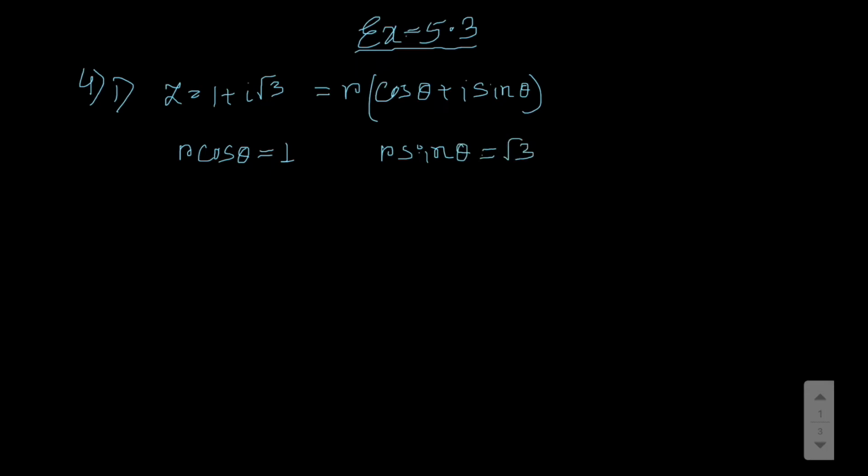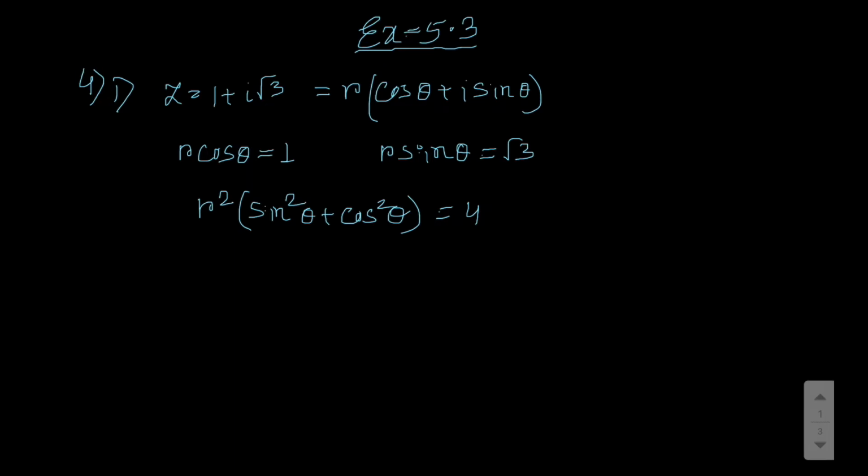Now squaring both sides and then adding. So it will be r square cos square theta and r square sin square theta. If r square is common, then it becomes r square (sin square theta plus cos square theta) equal to the whole square of root 3, that becomes 3, and here 1, so it becomes 4.